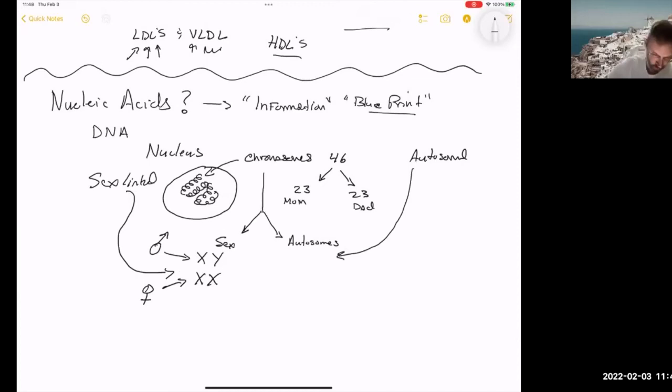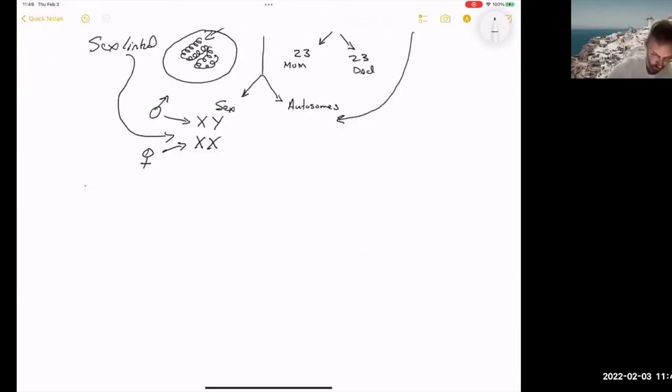Okay, now within these chromosomes, we have information for making proteins. That's primarily what we see, is information for making proteins contained within chromosomes. And so you have your chromosome, and then a little chunk of that chromosome that codes for a specific trait.